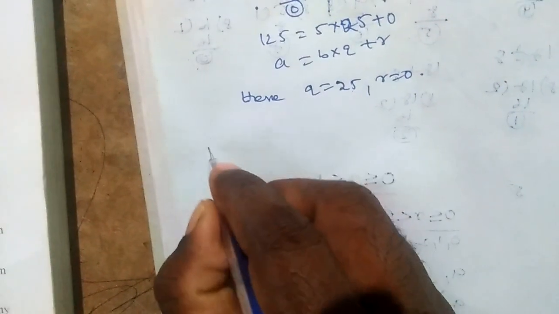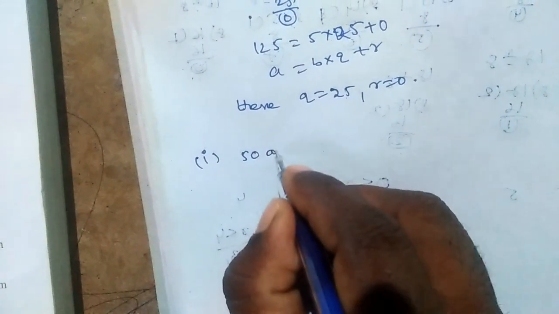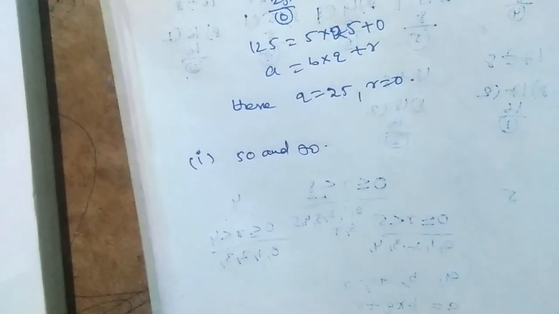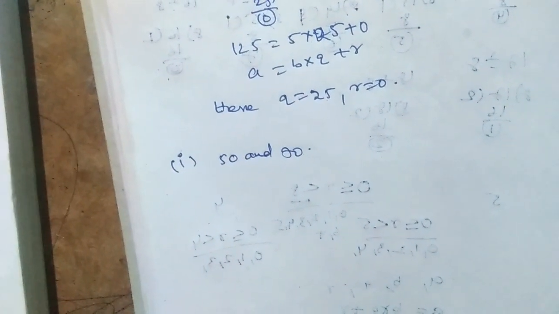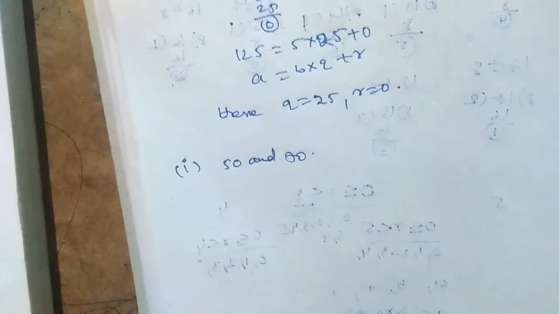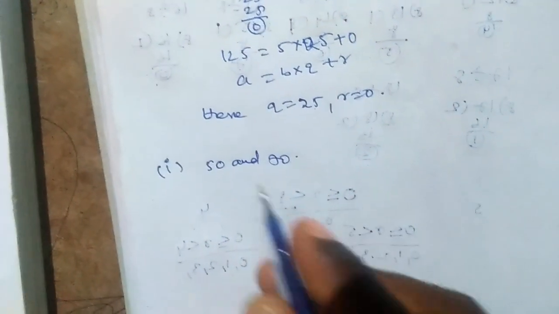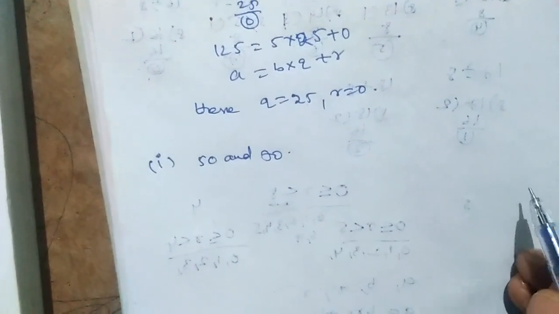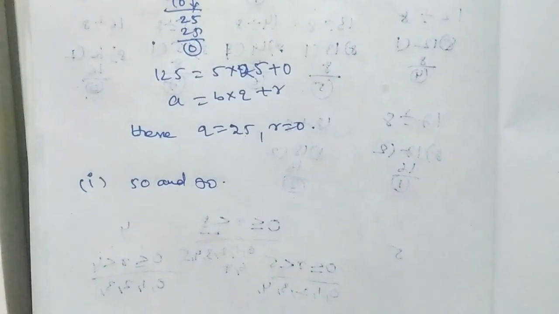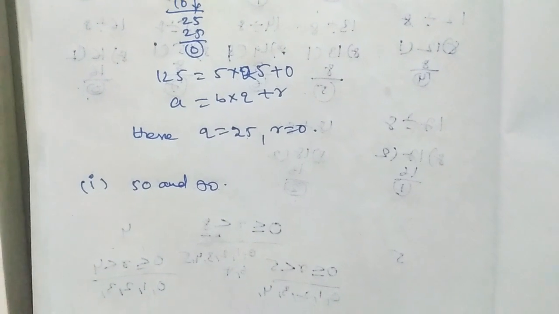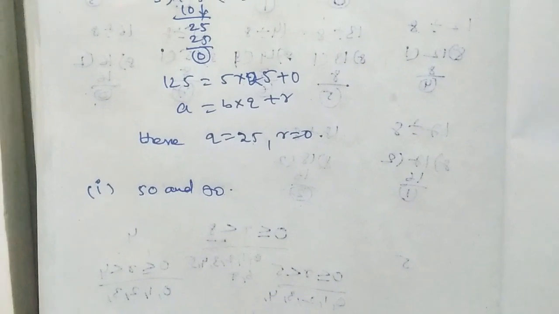HCF means highest common factor. In our earlier class, how did we find HCF? We used the continued division method.